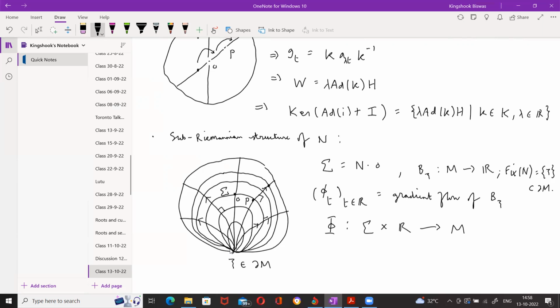That will give me all points in the symmetric space. You take any point, I can get it by starting from this horosphere and flowing towards it. So the map is P comma t goes to phi t of P.